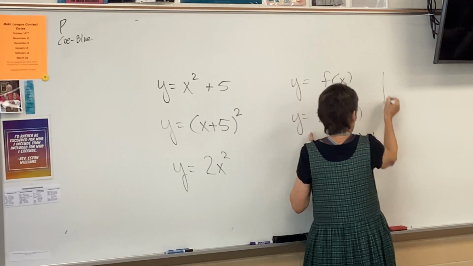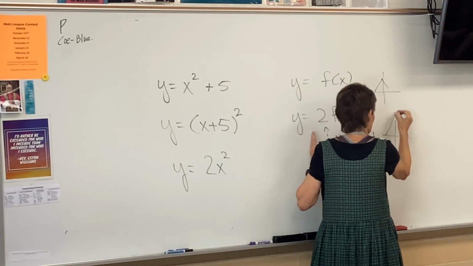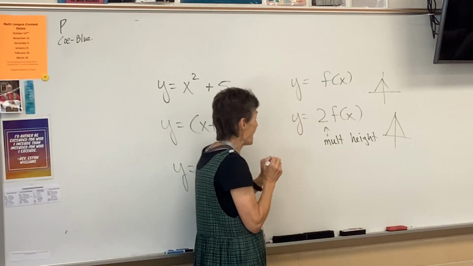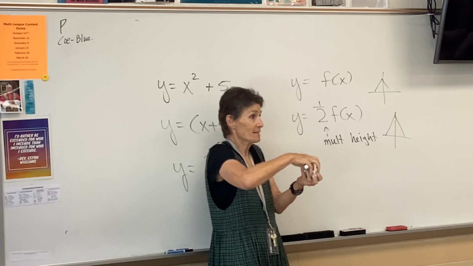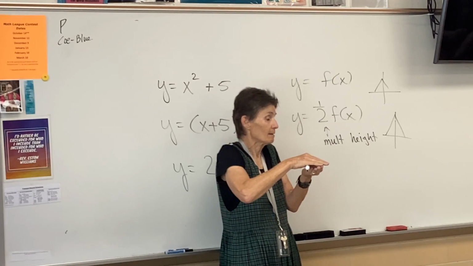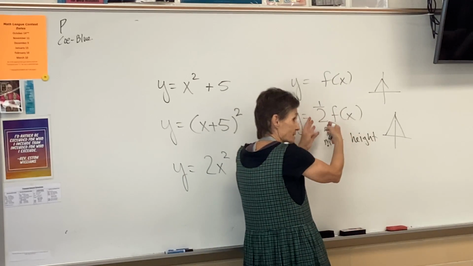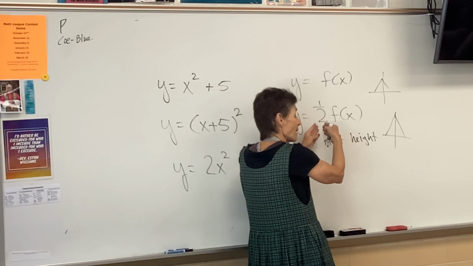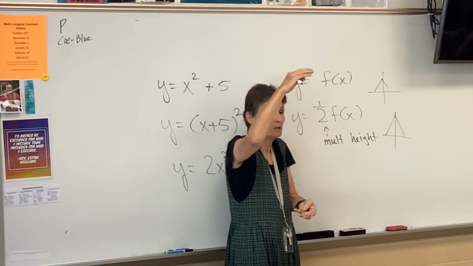Now, if you put a 1/2 here, it's still a vertical thing, but instead of stretching it, it is compressing it, shrinking it. So this out in front of the function itself impacts the height. It's called a vertical dilation.